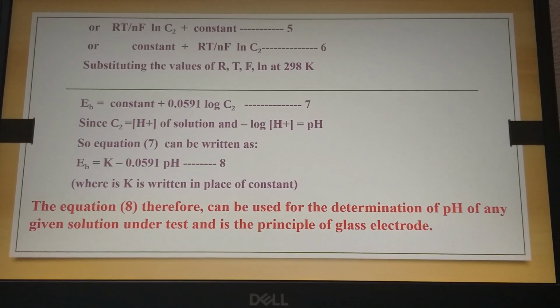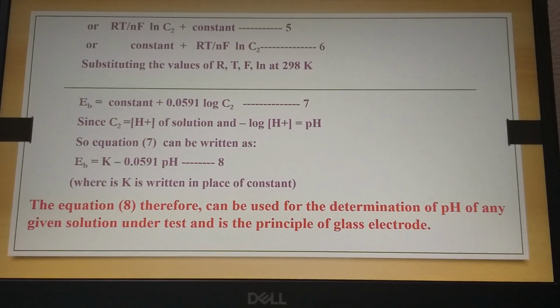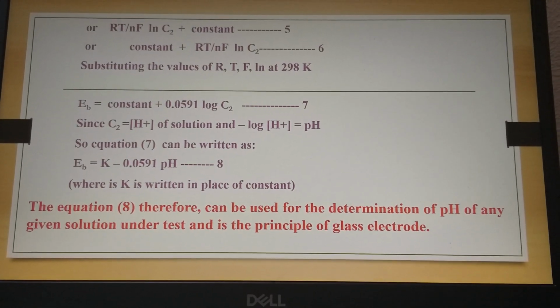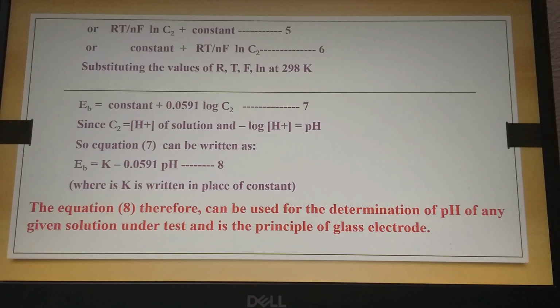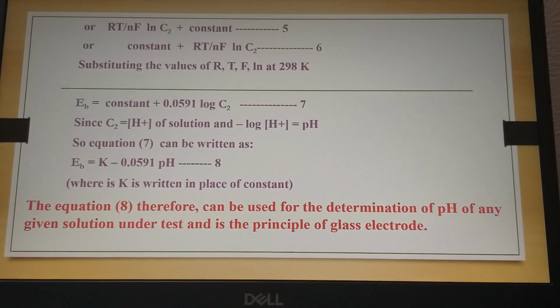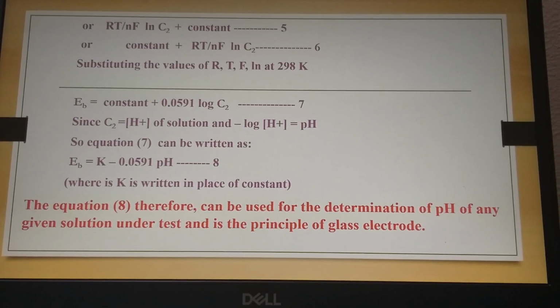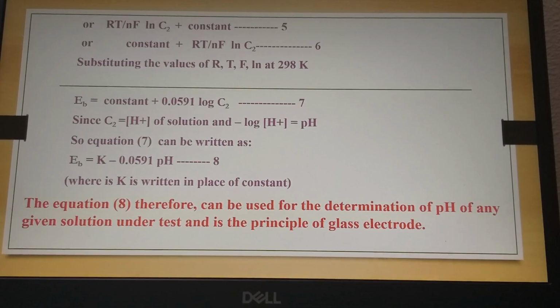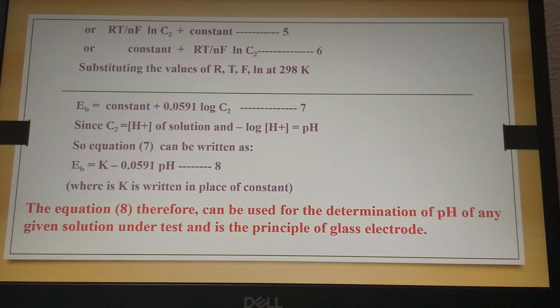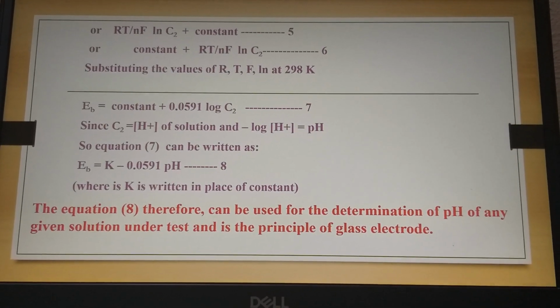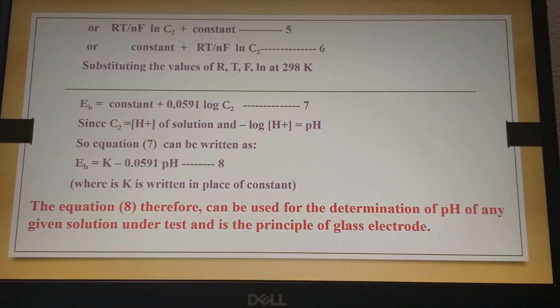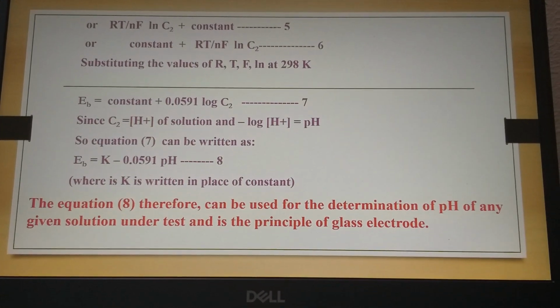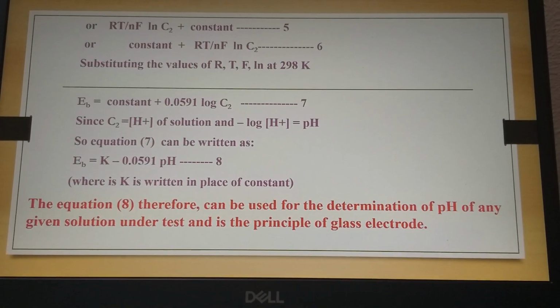On substituting the values of R, T, n, F and ln at 298 kelvin, the equation for E_b can be written as constant plus 0.0591 log C2, where C2 is the hydrogen ion concentration of the solution.